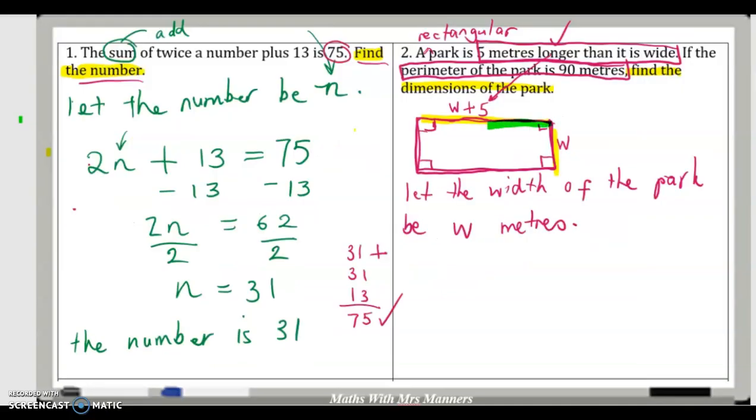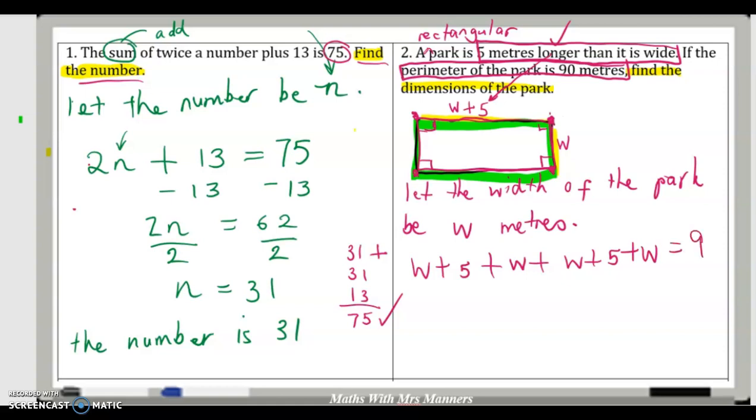I'm going to highlight all the way around the park to represent that distance we're about to find. So if I was to start here in this corner, I would walk w plus 5. And that would take me to here. Then I would walk w to get to the next corner. Then I would walk another w plus 5 to get to this corner. And then I would walk finally a distance of w to go back to where I started. So that's that entire green length. And in the question I was told that it was 90 meters.